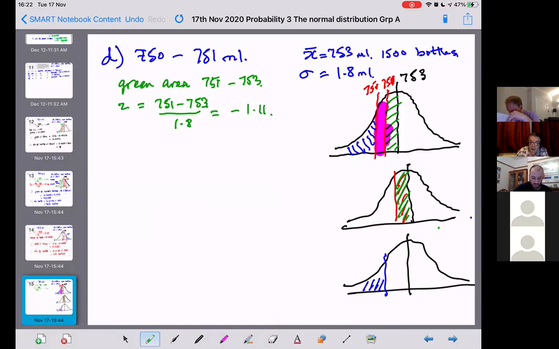Value in the table is 0.3665. So that'll give us the area of the green.